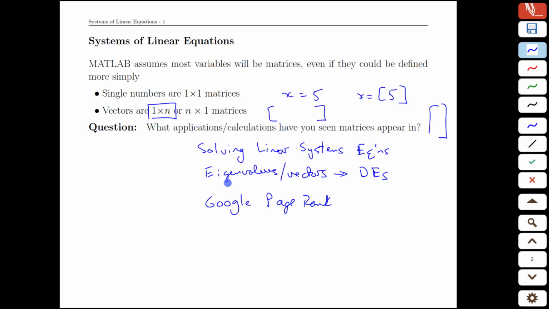It was based on eigenvalues and eigenvectors and a matrix representation of how different websites were connected to each other. That allowed them to rank more highly interesting sites for search engine purposes. So there's a whole pile of examples of where matrices come in. Fast Fourier transforms use matrices. Anyway, there's a whole pile of applications that make MATLAB an interesting tool because of that fundamental matrix structure.